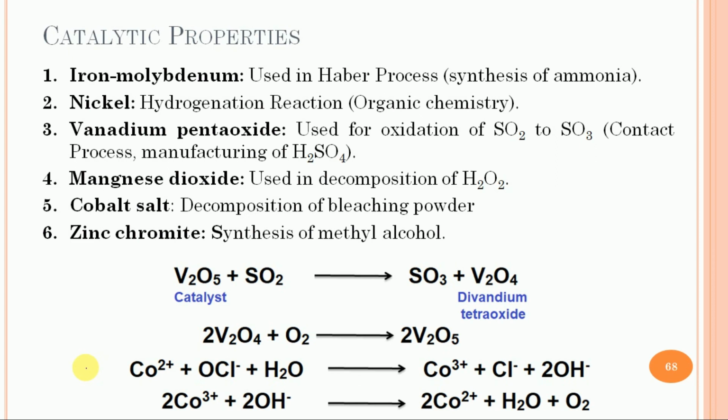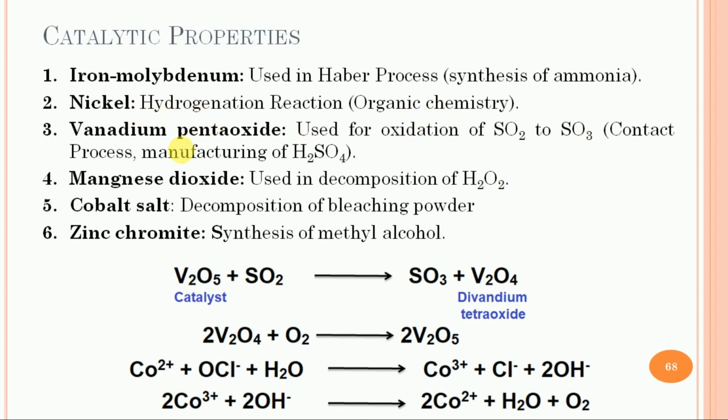Common examples of transition metal catalysts: iron molybdenum is used in the Haber process, which is used to synthesize ammonia. Nickel is used in hydrogenation reactions in organic chemistry.